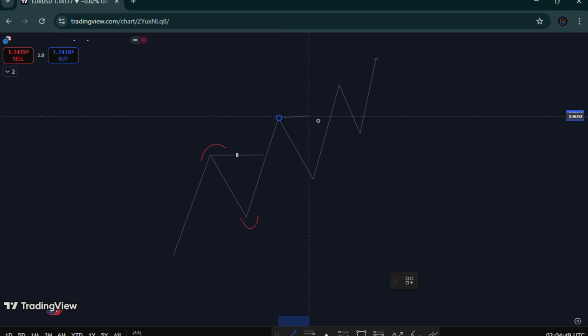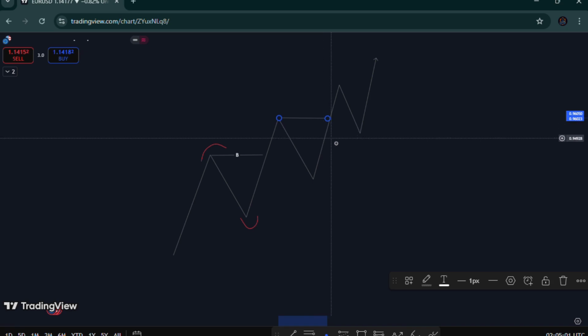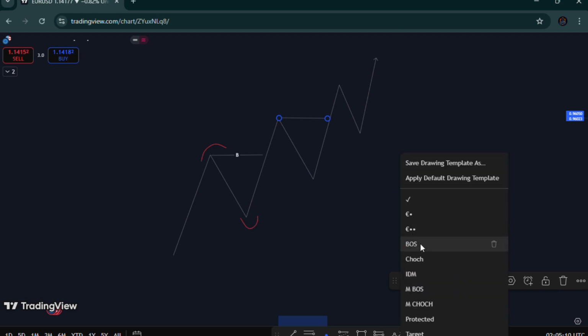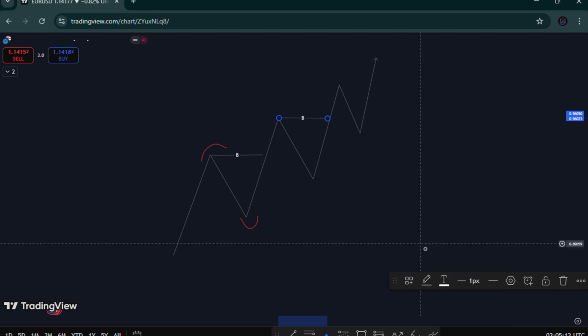Now this tells us that buyers are in control of this market. Since we know that buyers are in control, if I'm a swing trader, I will capitalize on buying from the swing low, targeting this old high. Now we have this to be a break of structure.